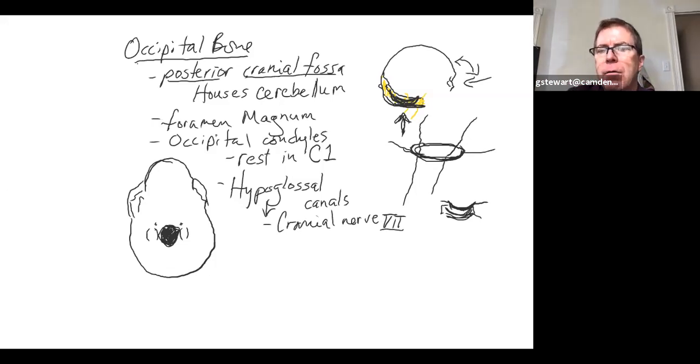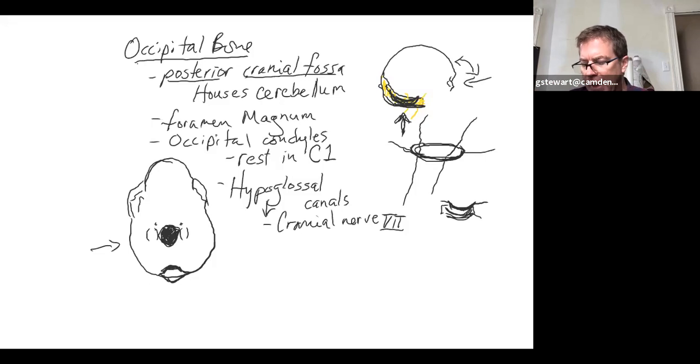Finally, on the lower side in this view here, there's a large bump. It's called a protuberance. If you feel the back of your head on your occipital bone right now, I have a pretty prominent one. You may feel what feels like a bump sticking out here. It's actually on the underside of the occipital bone where I drew it the first time.